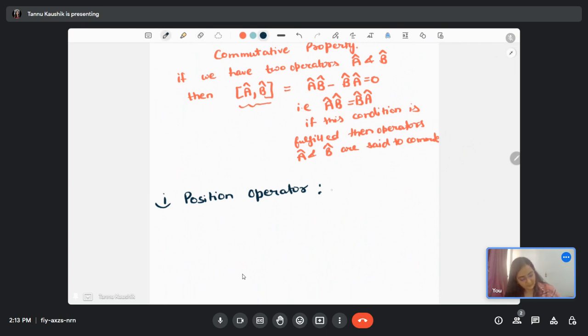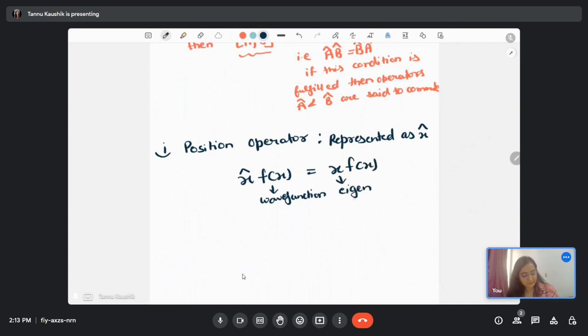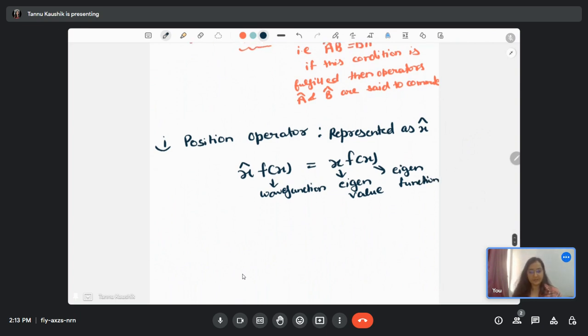If it is applied on a certain wave function f(x), it is represented as: if this operator x operates on a function f(x), a wave function, then we will get x times f(x), where x is the eigenvalue.